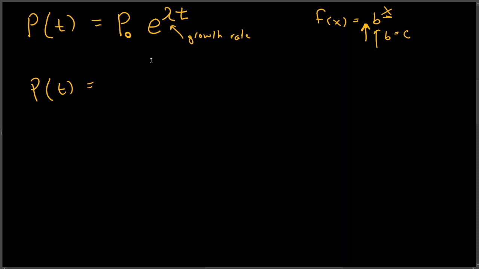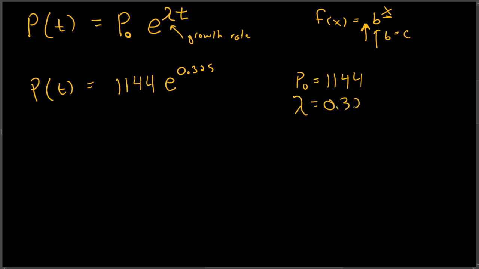We have 1,144 species to begin with. So 1,144 is P0. That's how many are initially there. We're going to take it to e, and it has a growth rate of 0.325. So for my model, I'm saying lambda is 0.325.